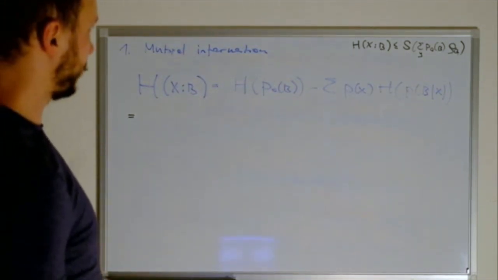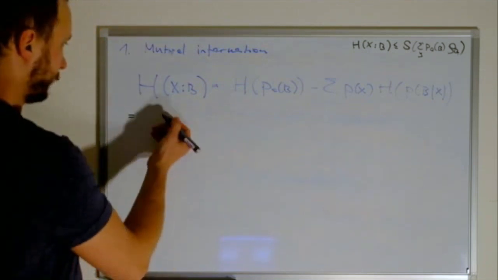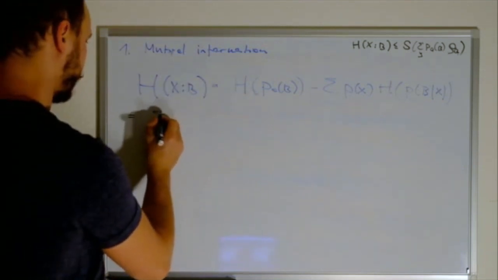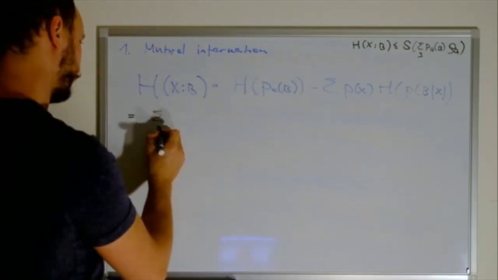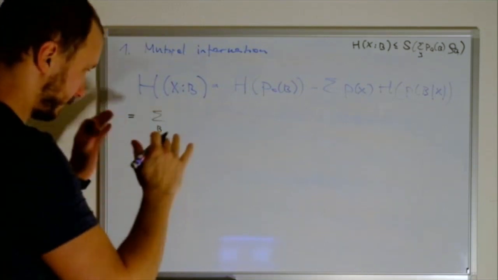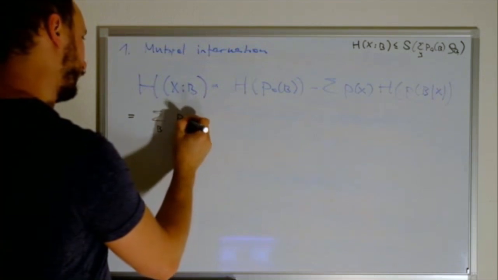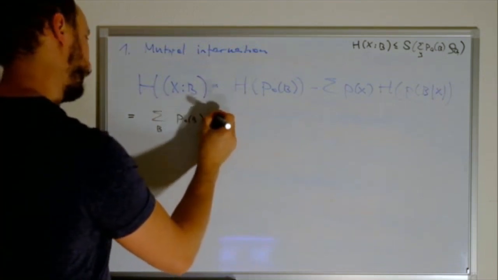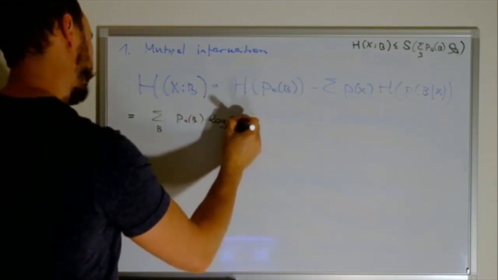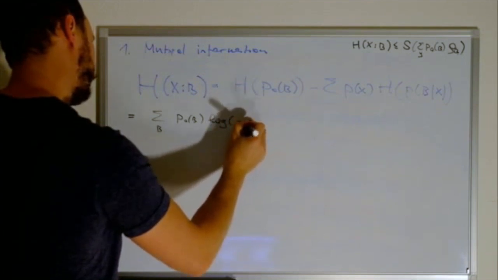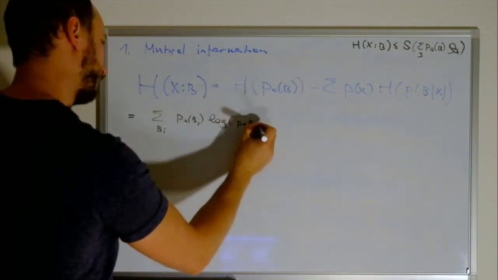Yeah, so we'll just take the definition of this entropy, and we get the sum over B, right? So now we'll start with discrete values of B, so we'll see discretized values. Minus the sum of P0 of B times log P0 of B. So let's just call this value Bi.